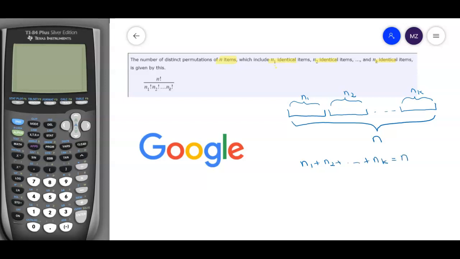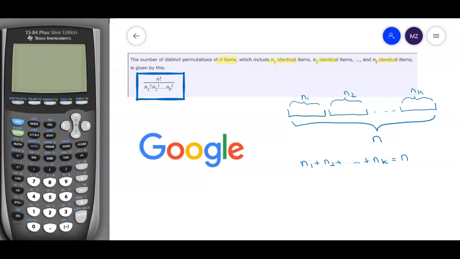So the number of different arrangements, or different permutations, remember, two items are identical if they are from the same group, from n1 or from n2 and so forth. So the formula is n factorial divided by n1 factorial times n2 factorial times all the way to nk factorial.